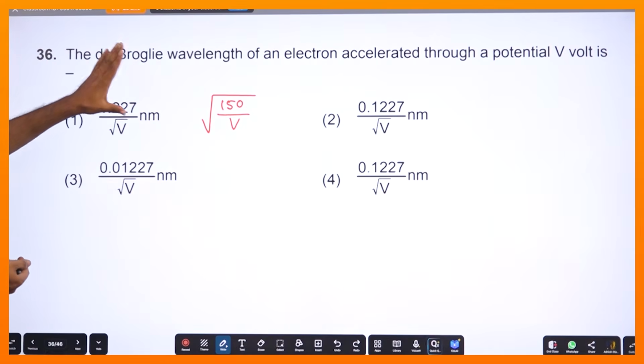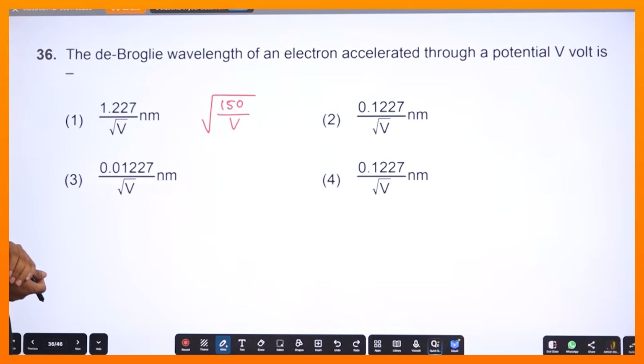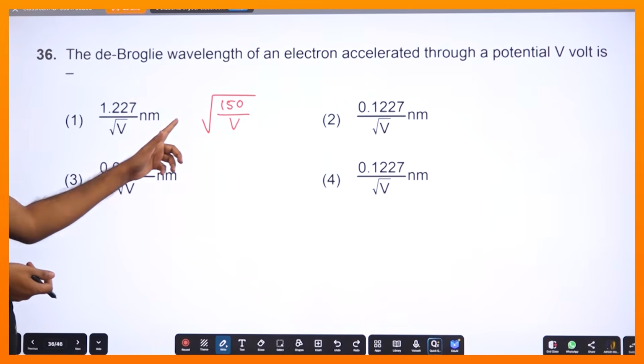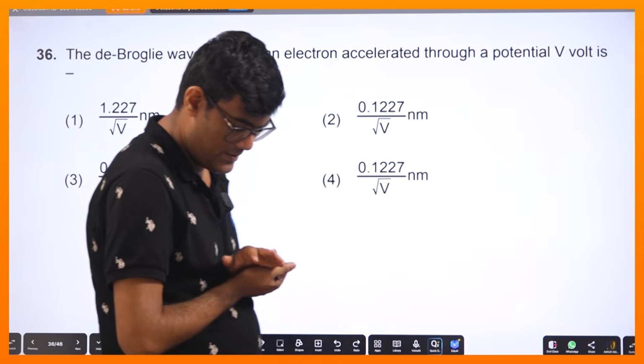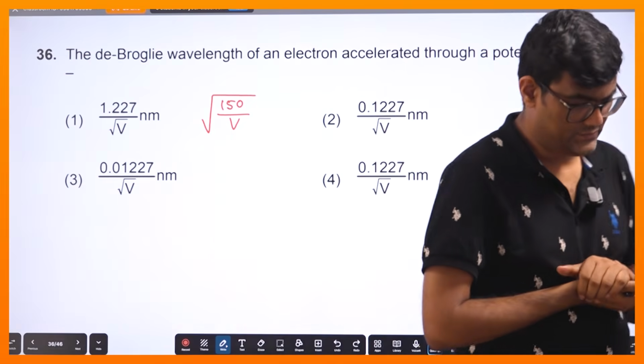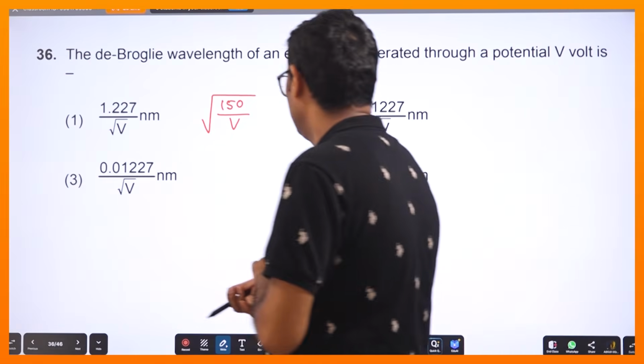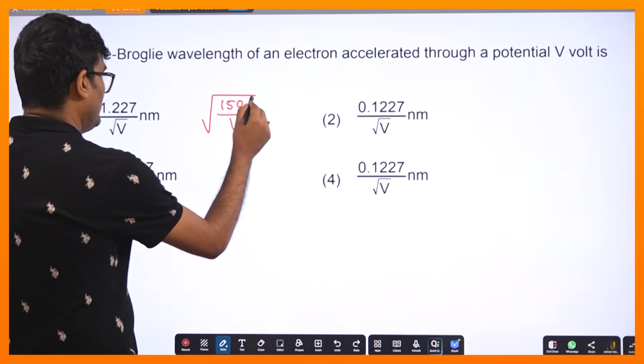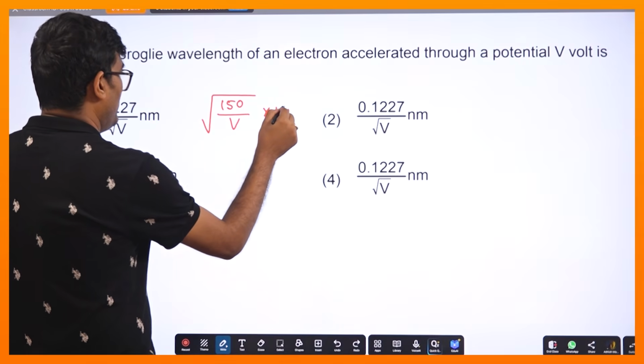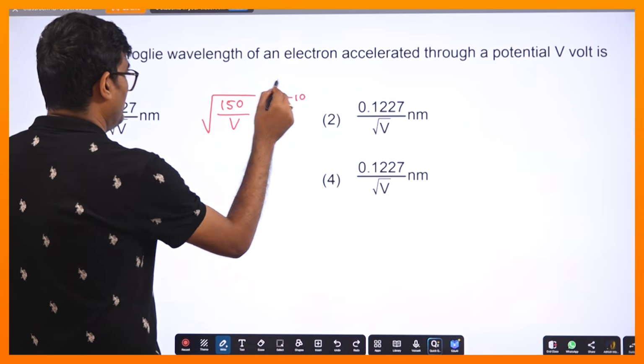Because it's a purely memory based question, root over 150 by V, I think it is in Angstrom. As far as I remember, it's in Angstrom. Angstrom means it into 10 power minus 10.